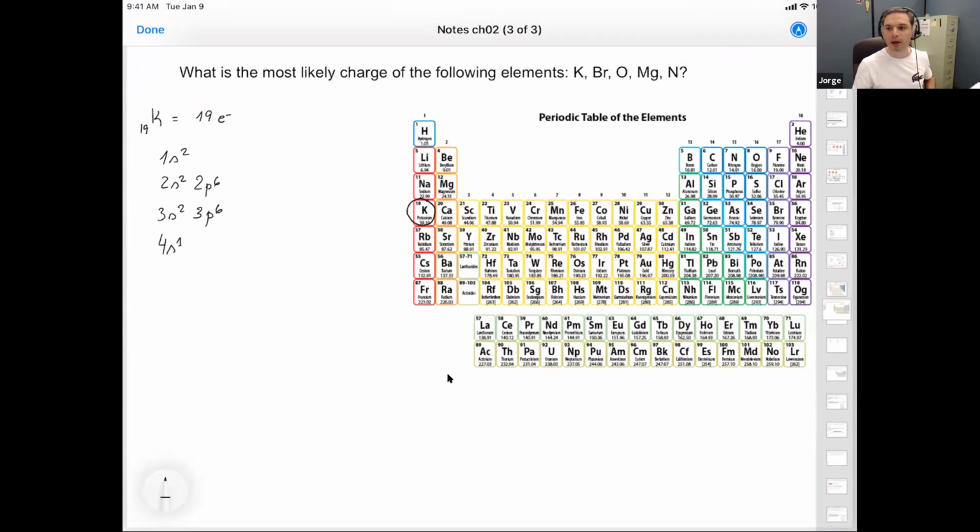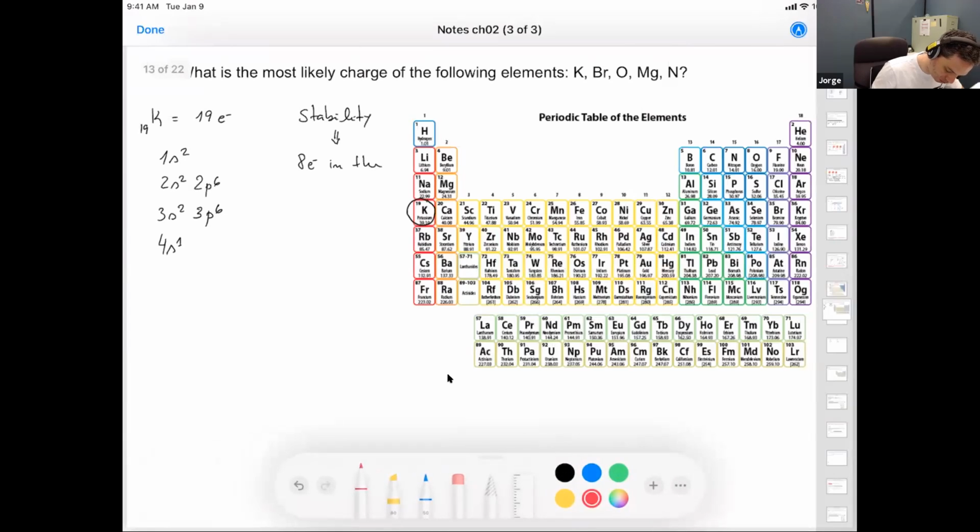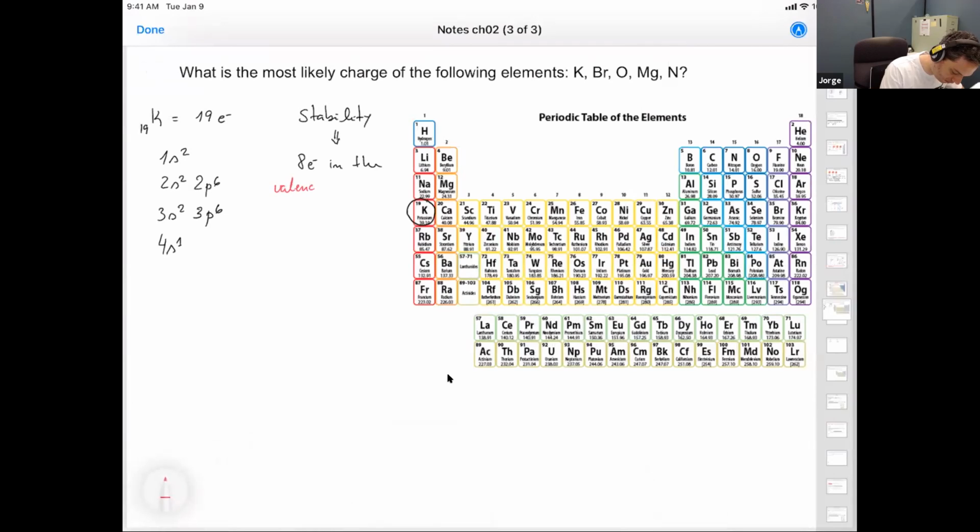Looking at the electron configuration, you can figure out if potassium is stable or not. Remember that stability means 8 electrons in the valence shell. Attention to that: 8 electrons in the valence shell.